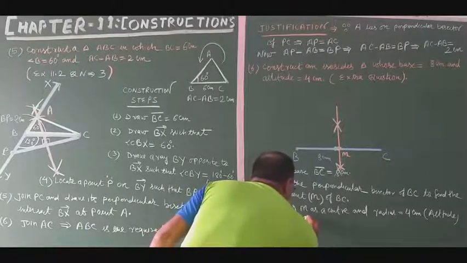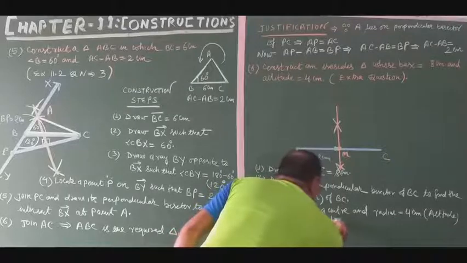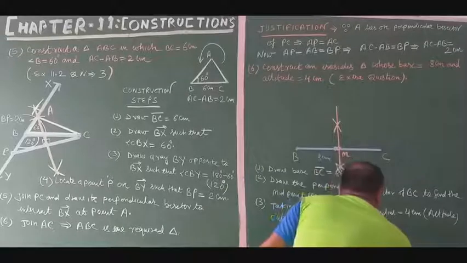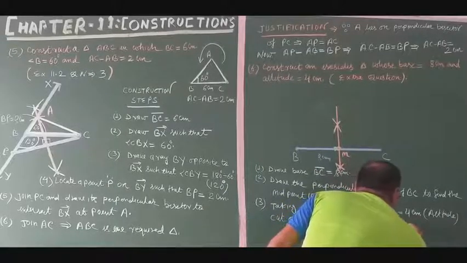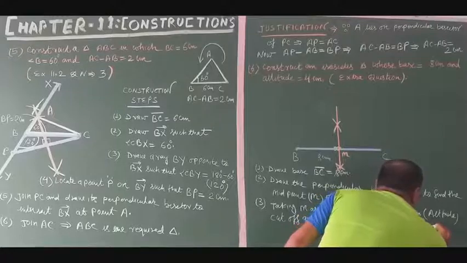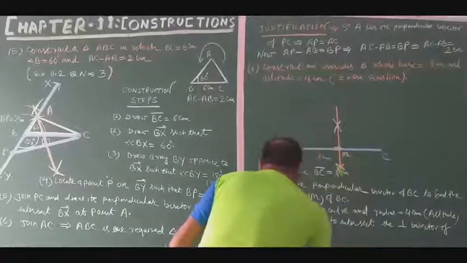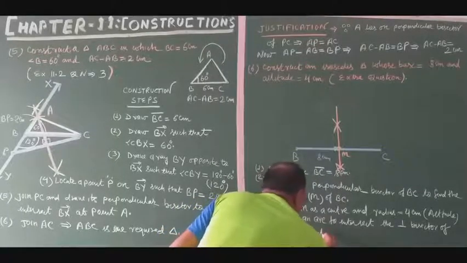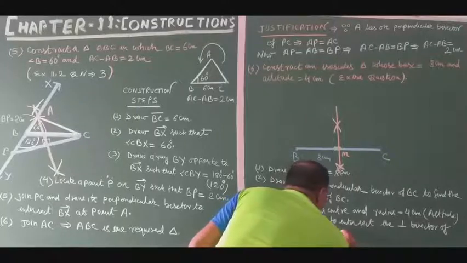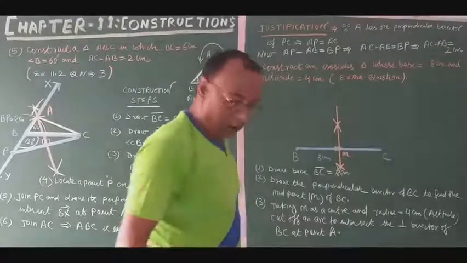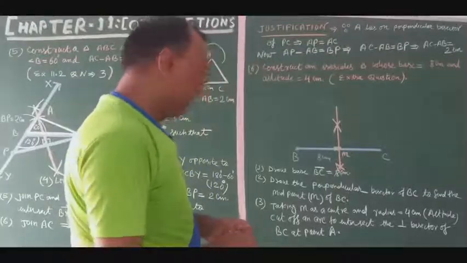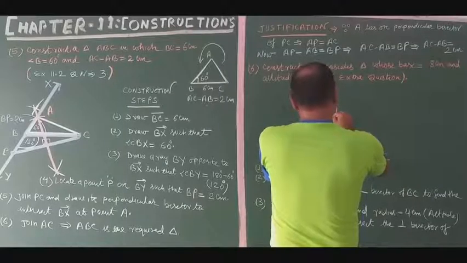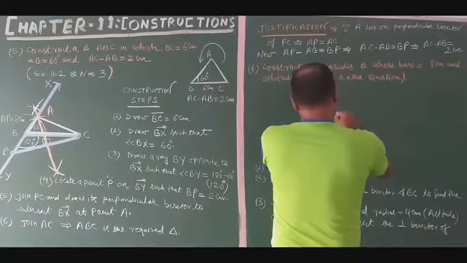Cut off an arc to intersect the perpendicular bisector of BC at point A. Now, we will take M as a center and we will cut off the arc, and this should be 4 centimeter.